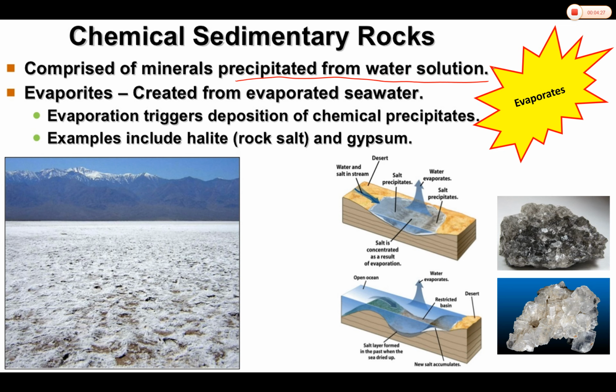For example, salt. Salts are created from the evaporation of sea water. This is an example of rock salt. When water solutions evaporate, the salt will become a solid rock salt.